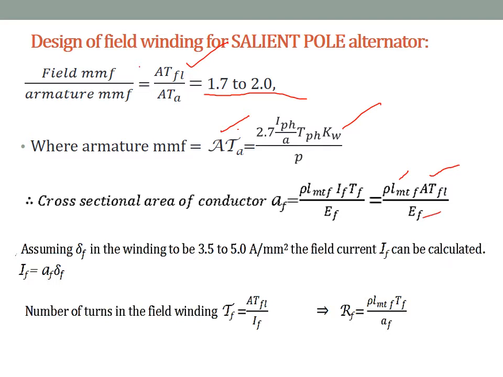EF is the total voltage, that is 80 to 85%, divided by number of poles, and the cross sectional area of conductor can be found out. Assuming density here, AF you have found out, density you assume, EF you can calculate, IF you can calculate. Once you know IF, number of turns can be found out. This is ATFL, turns and current, divided by current. So turns you will get. Once you get turns, actual resistance of the winding can be found out, substituting TF here.